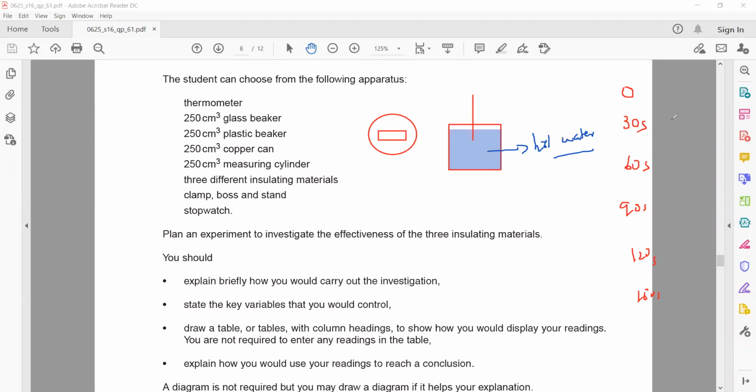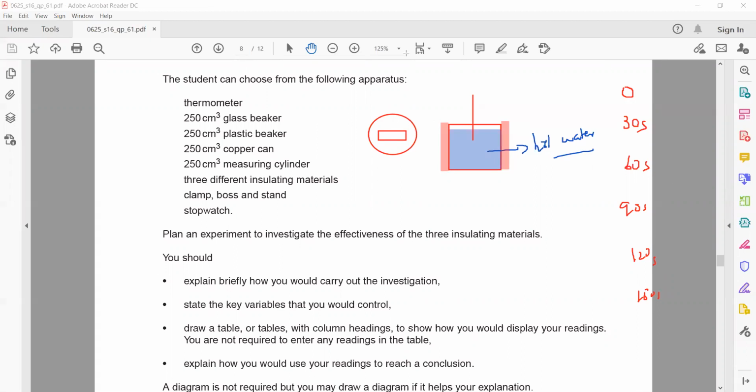Then we want to find the effect of three insulations. So there should be insulation around it. We'll place insulating material 1, then insulating material 2, and then insulating material 3. Like we have to do it 3 times.